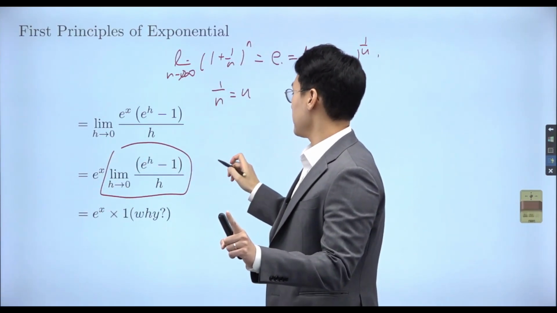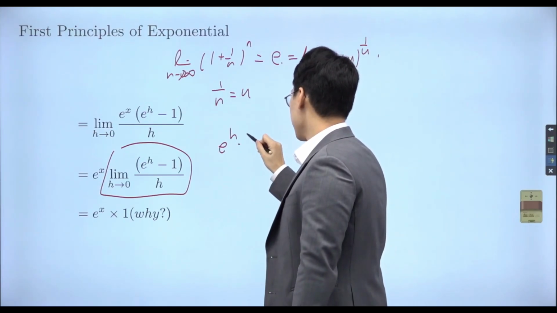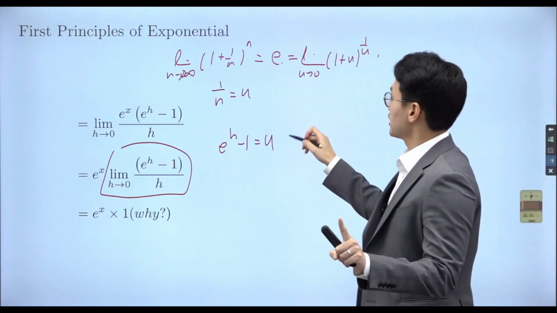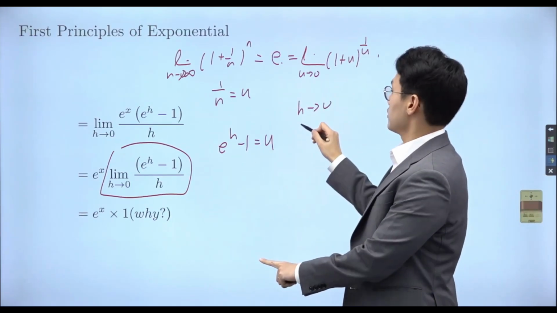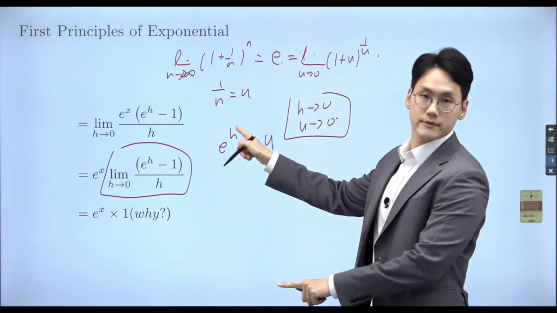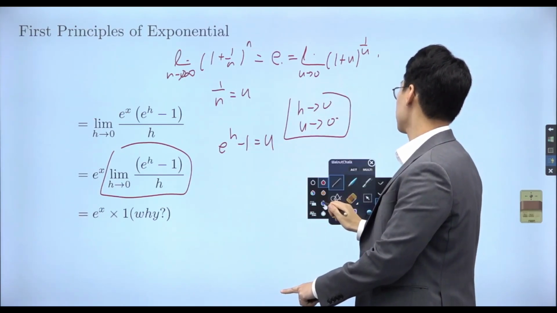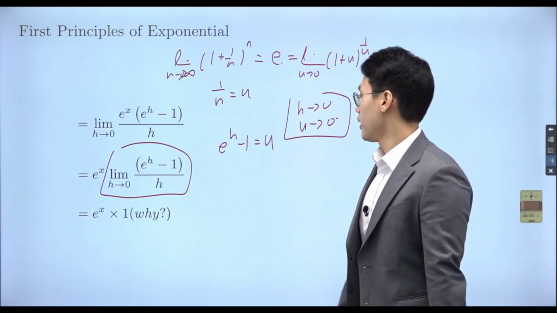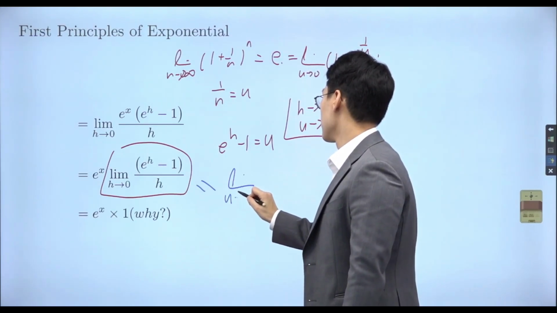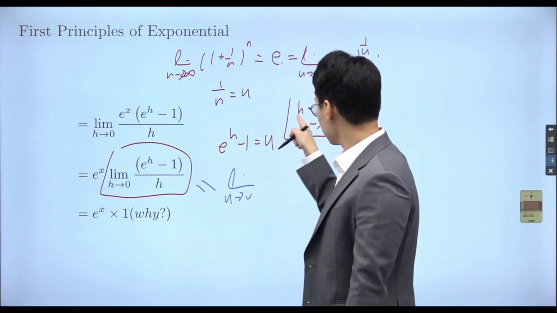Okay, so in this limit, what I'm going to do is the following. Check this out. I'm going to let e to the power of h minus 1 be u. That's good. Look, if h goes to 0, u also converges to 0, right? Because h going to 0, e to the power of 0 becomes 1, and 1 minus 1 becomes 0. No problem. So that limit is going to be as u goes to 0. H going to 0, u goes to 0.